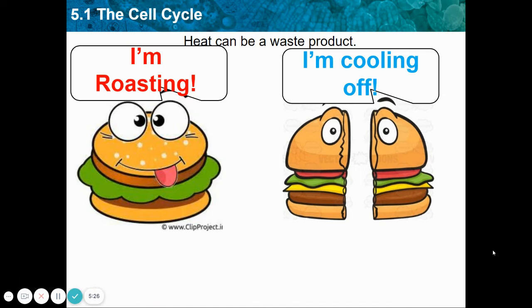Now, I like to use this other example, and my family does this all the time, and I tell them that I talk about them at school, so it's okay. Now, I don't know if it's a generational thing. It probably is, but all the older members in my family, they have to have everything screaming hot, and I mean screaming hot.